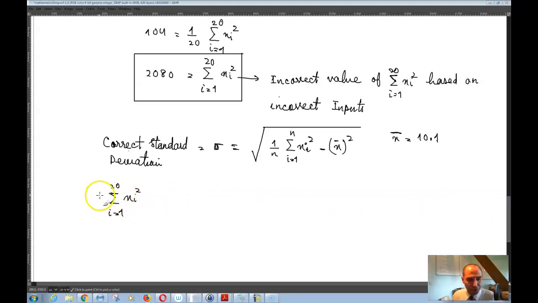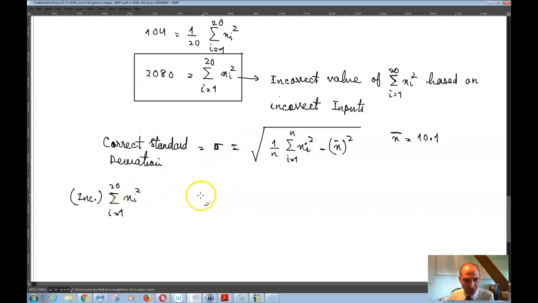Let me write this, for example, incorrect sigma of this. So in this sigma of x of I squared, what is it?